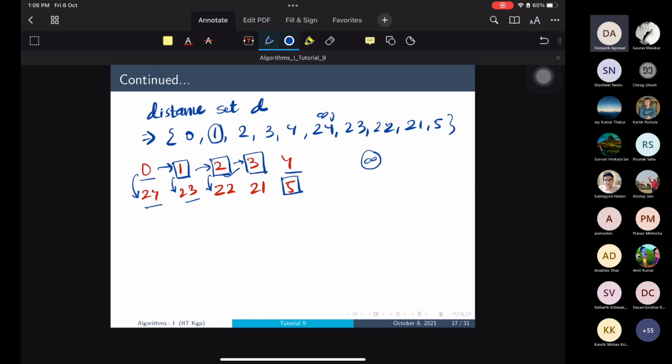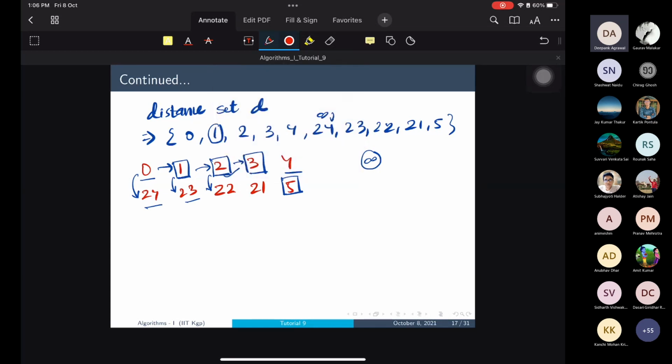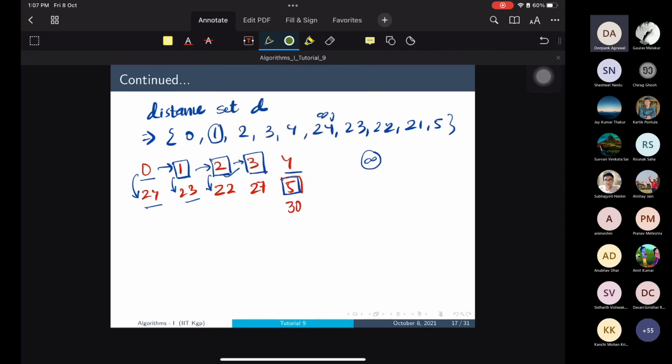Suppose, let me change it a bit, the value here was 27 and the value here is 30. Now when we reach 5, we update the distance for these nodes, which will be 27 and 30.